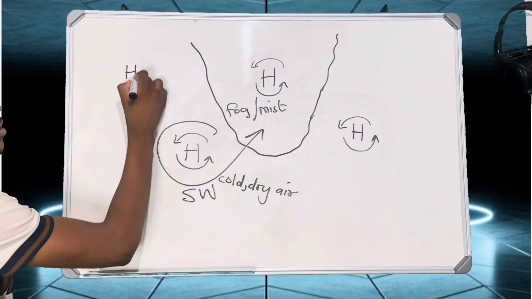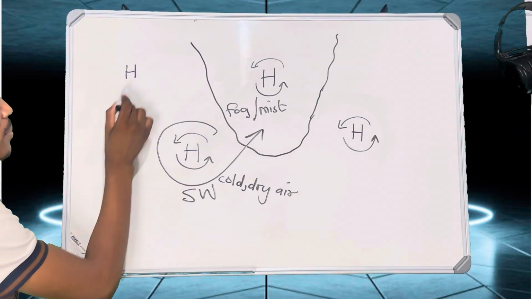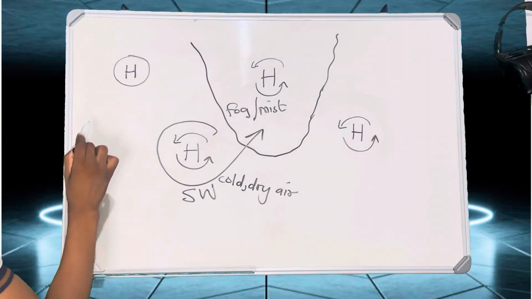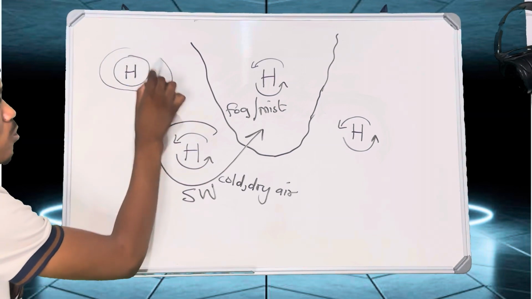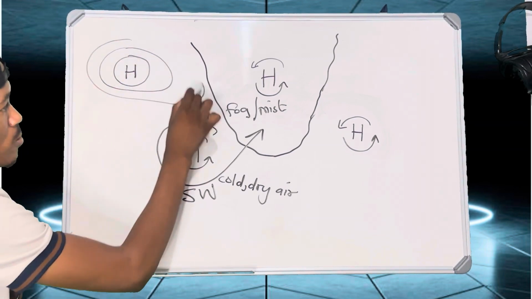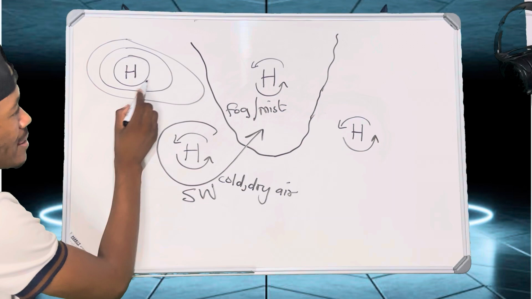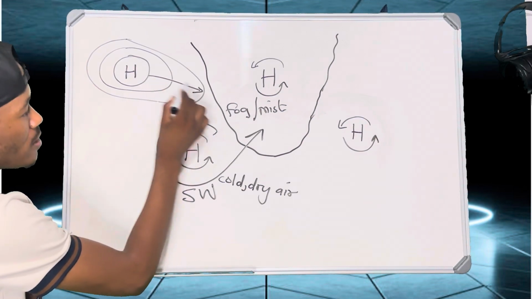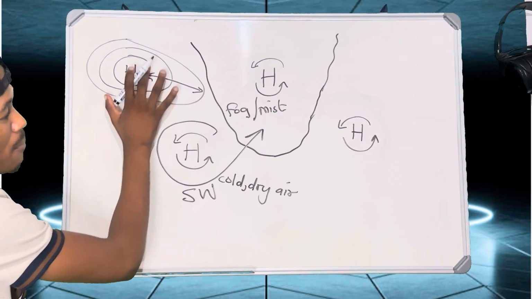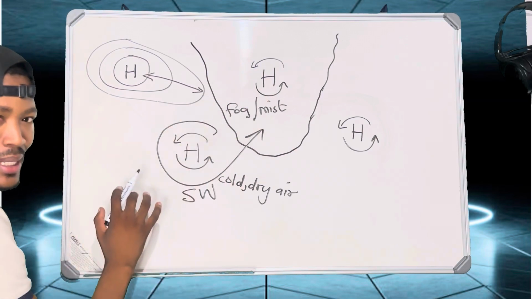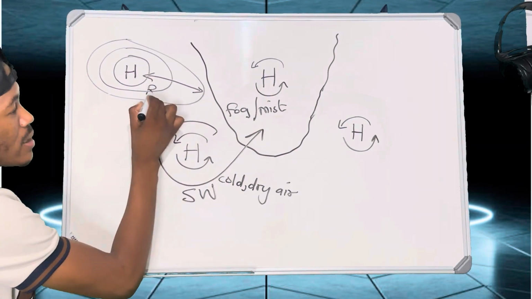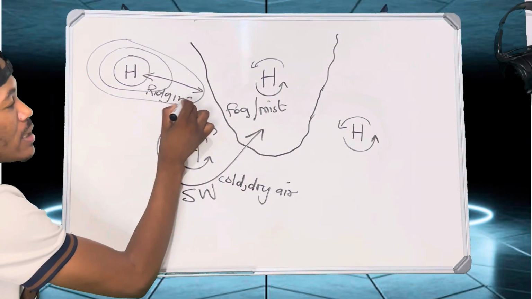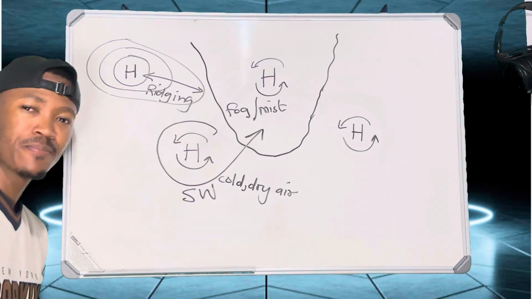You are having a region of high pressure on a synoptic weather map. You are having an isobar followed by another isobar and another isobar. But when you look at this side of the isobars, they are more like extending towards the land. So the process that is occurring here, we say that ridging is taking place.